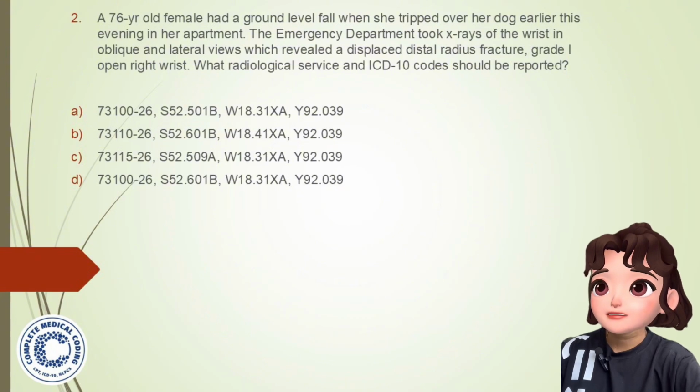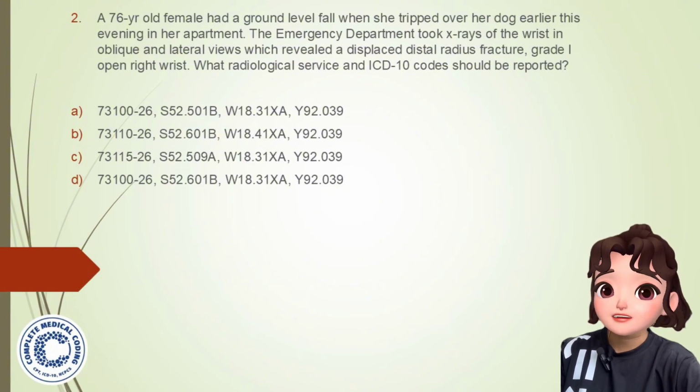So here the patient, the female, had a ground level fall in her apartment when she tripped over her dog. Now, what are the procedures done? An X-ray of the right wrist was done, which shows the distal radius fracture.